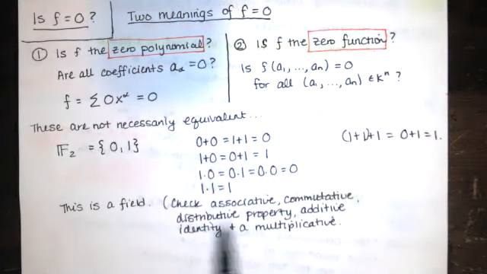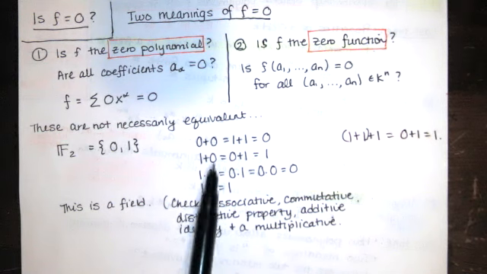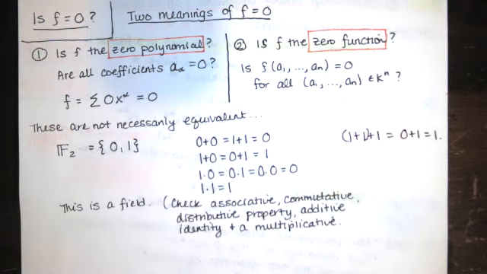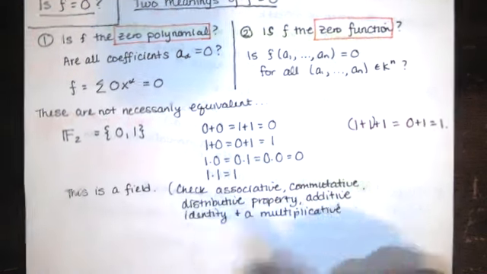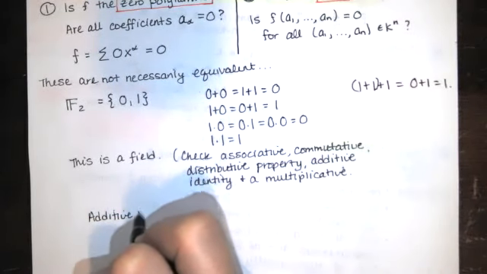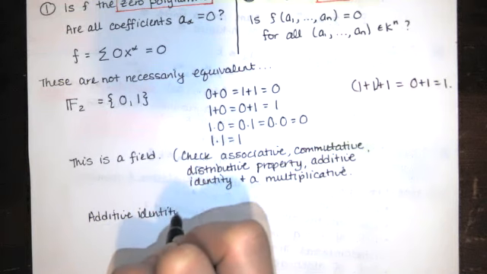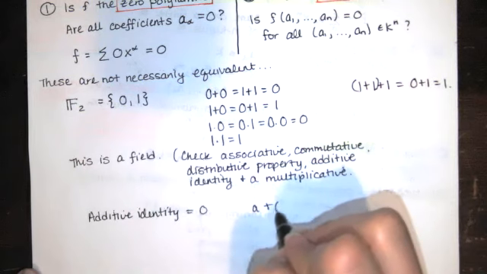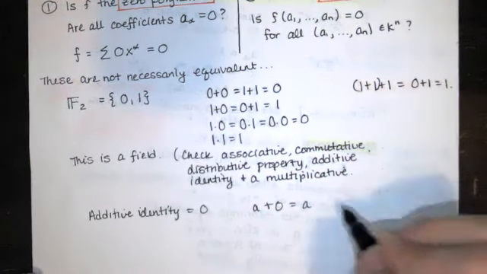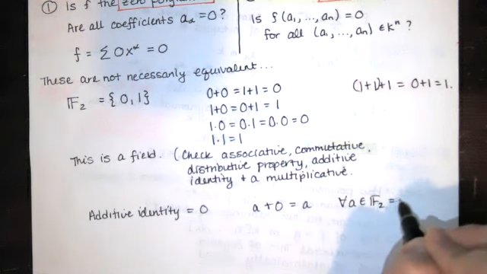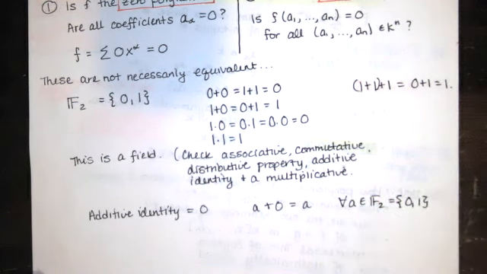When you're saying that we have an additive identity, what that is saying is that you can take any number in this set and add a particular number to it and get that number back. And it turns out the additive identity in this set is 0, because if you take any number in that set and you add 0 to it, you're going to get that number back for every A in that set F2, which is for every A in the set 0, 1.